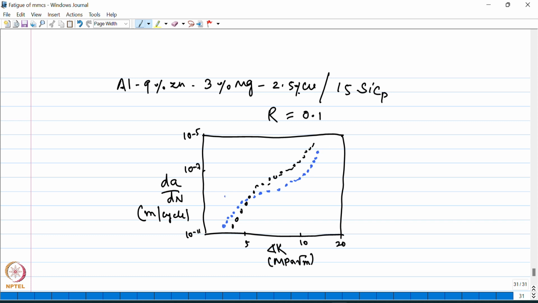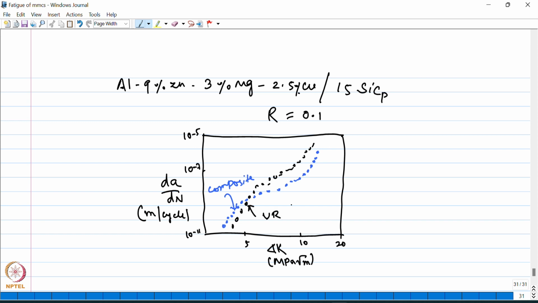Something like this. This blue one is for the composite, and the black one is for the unreinforced alloy.